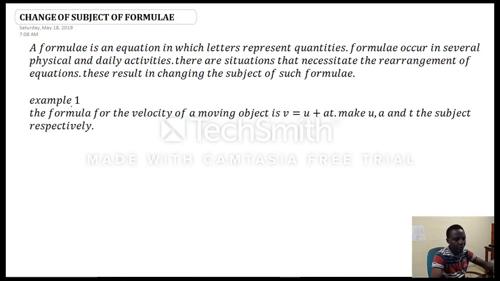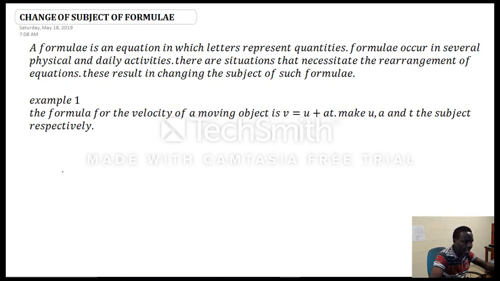Making u the subject of the formula simply means making u stand alone while every other variable is moved to the other side, while u, which is the subject of the formula, is made to stand at the left hand side. Making a variable the subject of the formula most times requires that variable to stand alone on the left hand side. So from this simple equation, we are going to make u the subject of the formula.